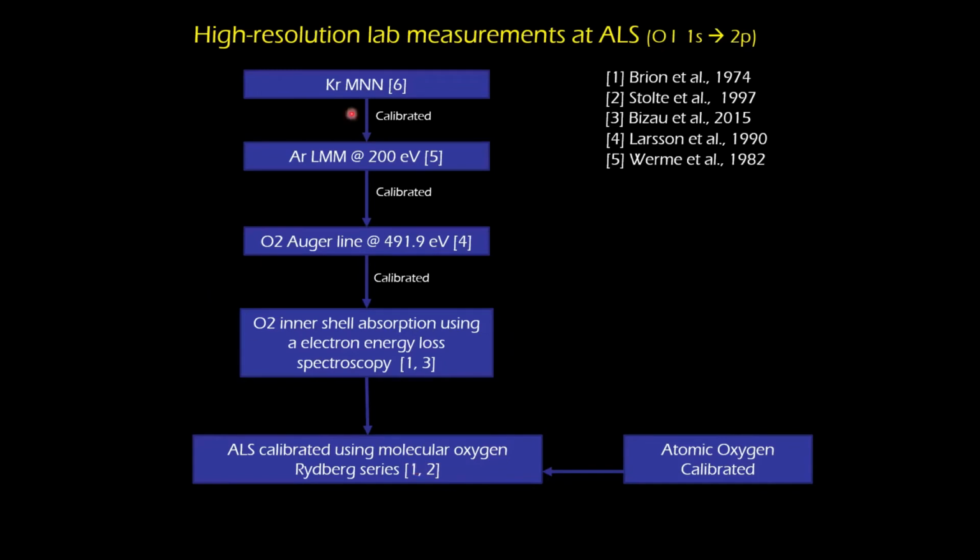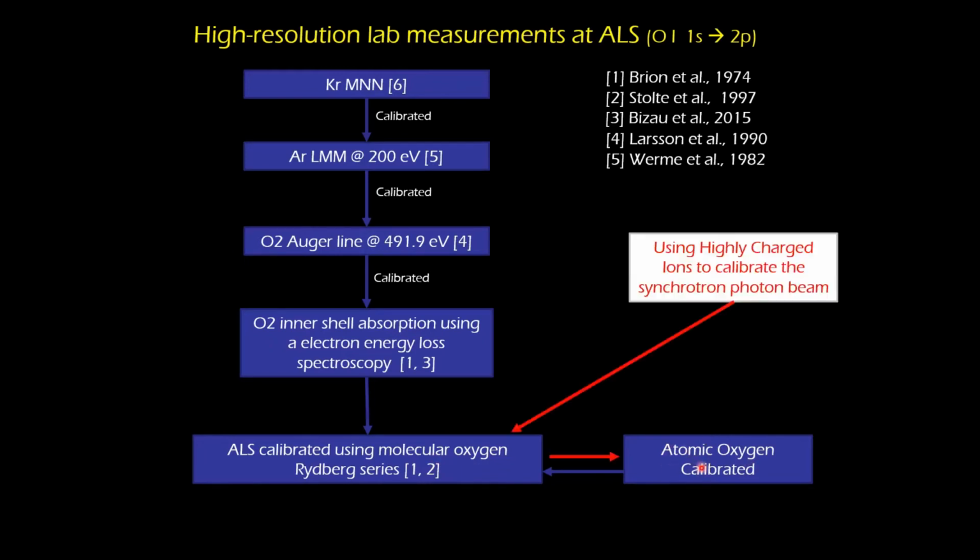So there was a chain of calibrations which might have created a problem with the atomic oxygen in the laboratory. We wanted to cut off all those steps. We simply use the highly charged ions from our EBIT to calibrate the synchrotron photon beam, and then we could measure the molecular oxygen Rydberg series, and in return also recalibrate the atomic oxygen.